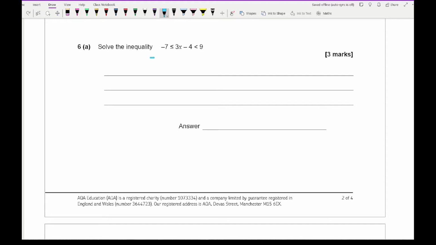Well, it's going to be the -4, and I do that by adding 4. So then -7 plus 4 is -3. And then I'm left with 3x in the middle, and 9 plus 4 is 13. Then dividing both sides by 3, or all sides by 3 even, we end up with -1, we end up with x in the middle, and 13 over 3, which can be written as 4 1/3.